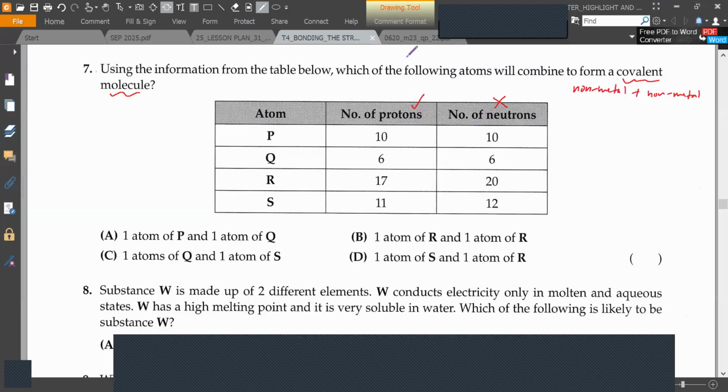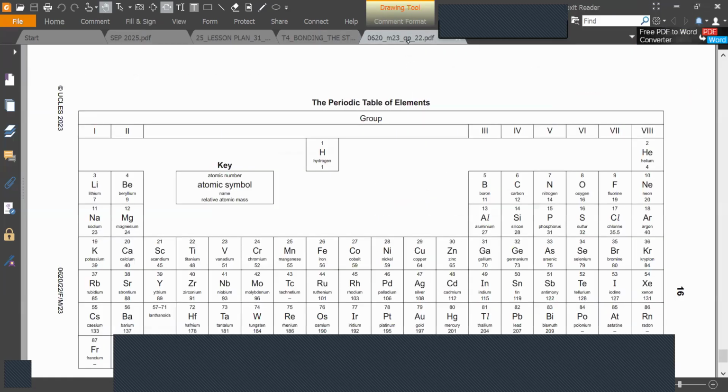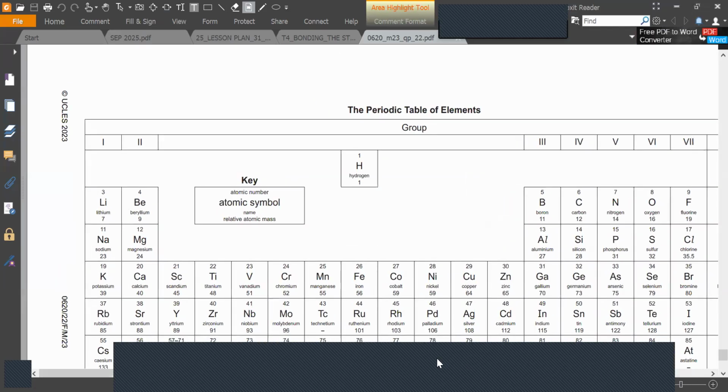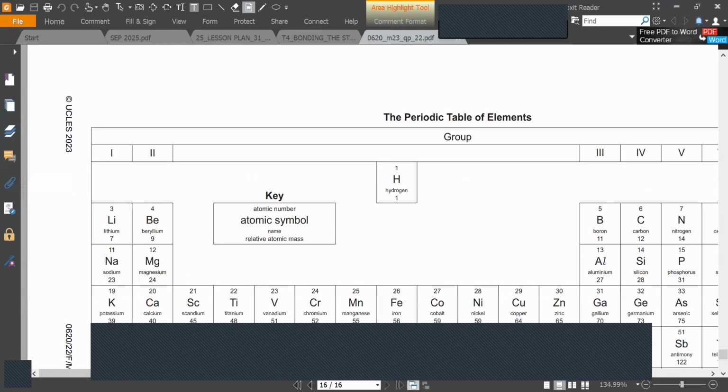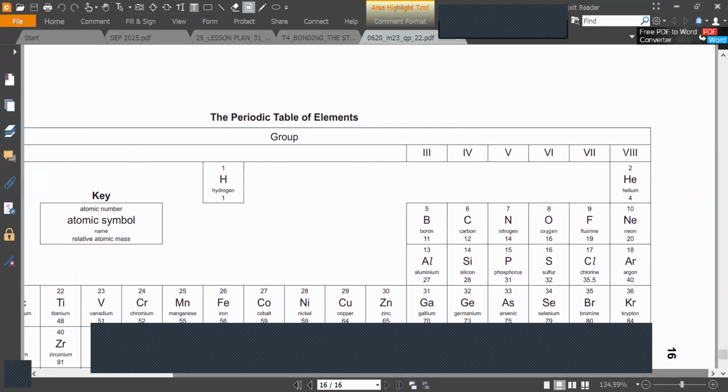So, 10 protons, we'll see. 10 protons, neon.